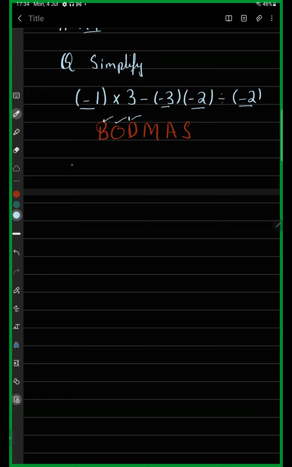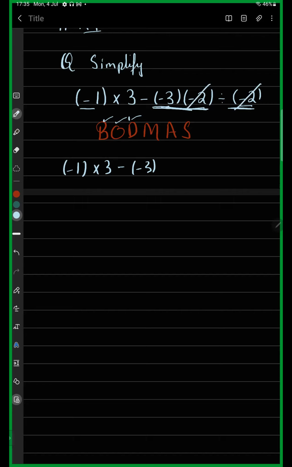We have -1 that is being multiplied with 3, and then we have minus into -3, and this thing is being divided by this, so I can just cancel out these two.